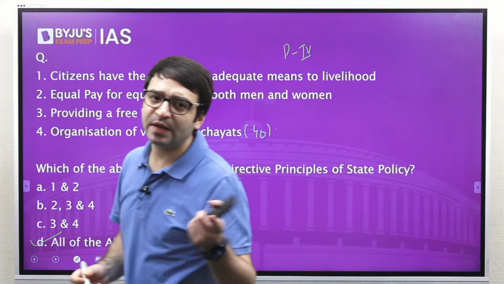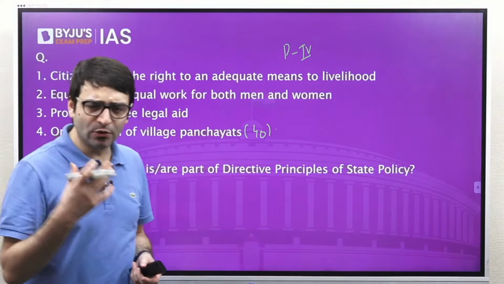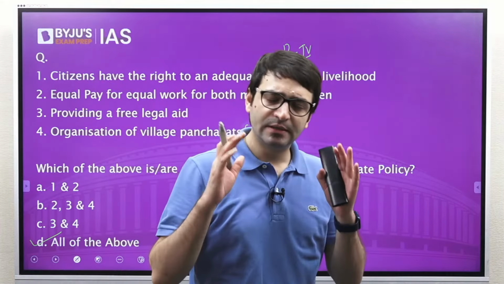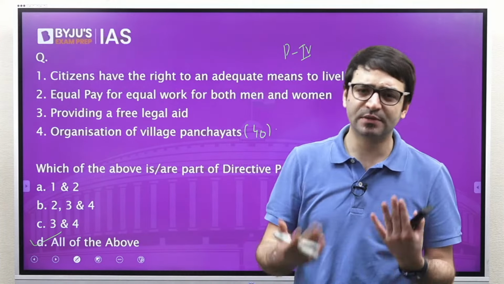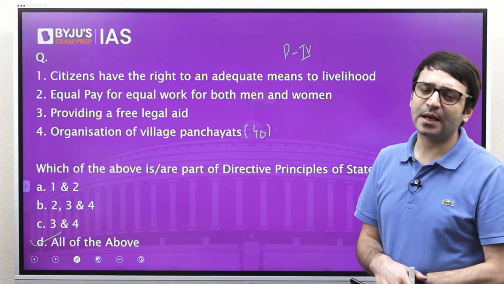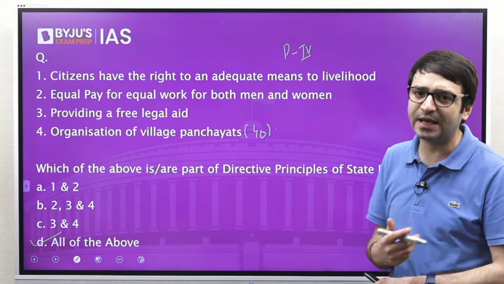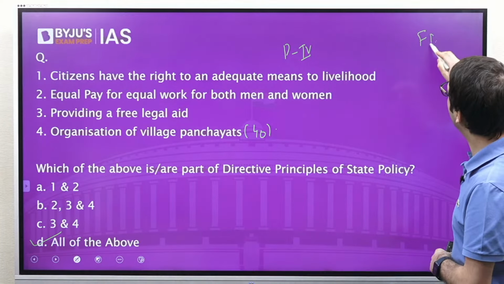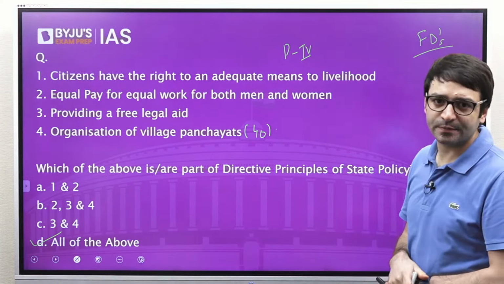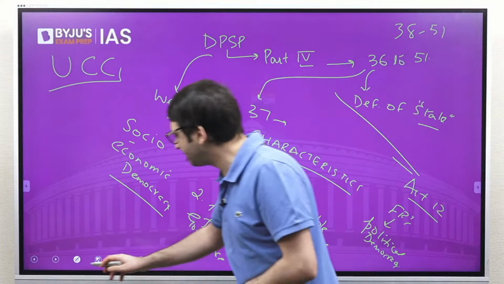Does that mean, sir, we have to remember and memorize all these directive principles? Take a look at all these directive principles, read them multiple times, you will remember them at the time of the examination. It is sometimes necessary to remember all these DPSPs, just like it is important to remember all the fundamental duties. Clear?